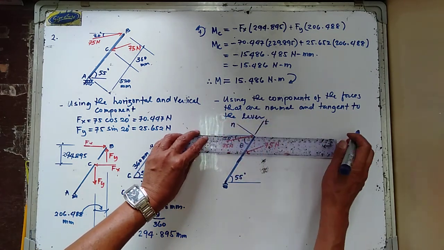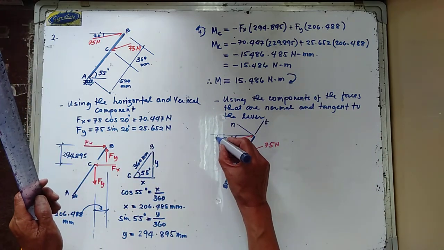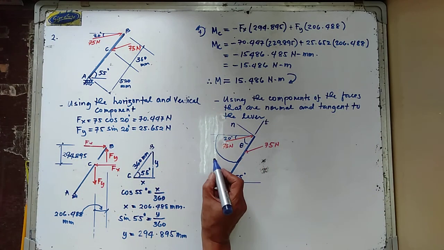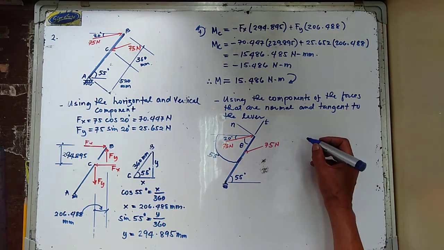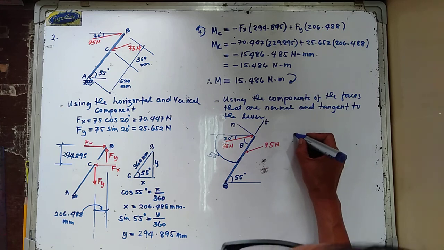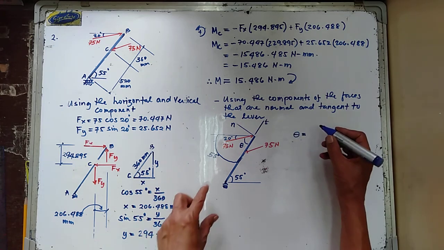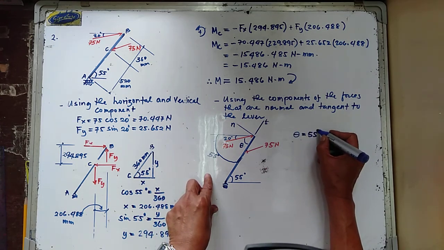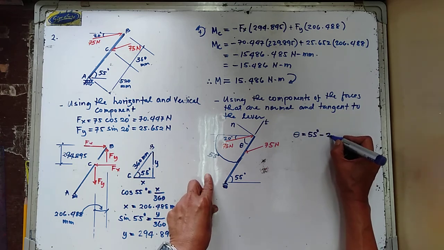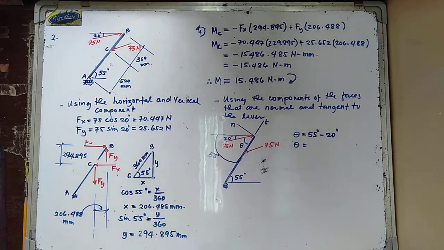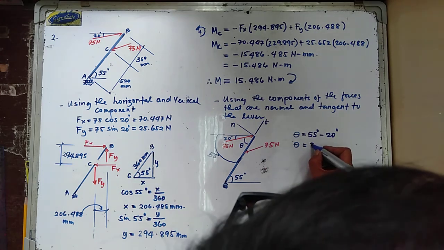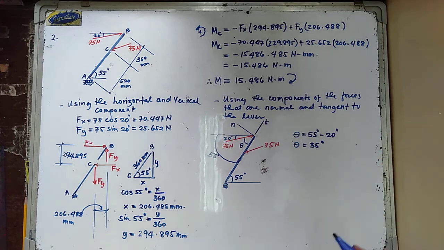Hence, this angle in here is equal to 55 degrees. And therefore, your theta is now equal to 55 degrees minus 20 degrees. So your theta in here is now equal to 35 degrees.